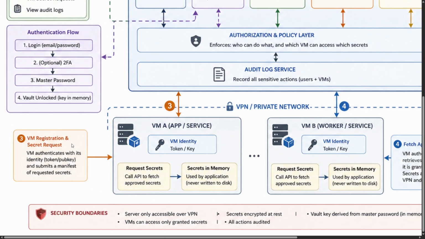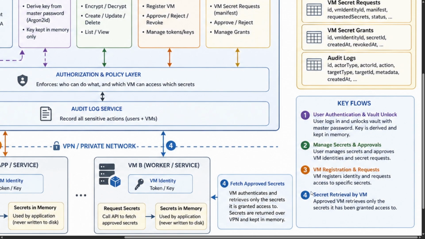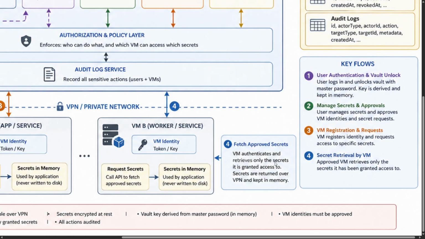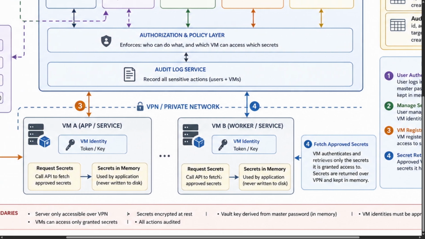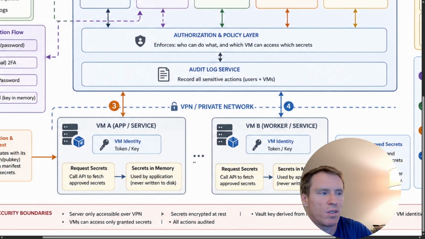It seems like this is more of just a ChatGPT images thing, which is interesting. But I guess it's taking this secret retrieval by VM and labeling it with the number 4 here. So this is saying the VM authenticates and retrieves only the secret it is granted access to. And this shows what it looks like when a VM requests a secret, which is pretty straightforward.